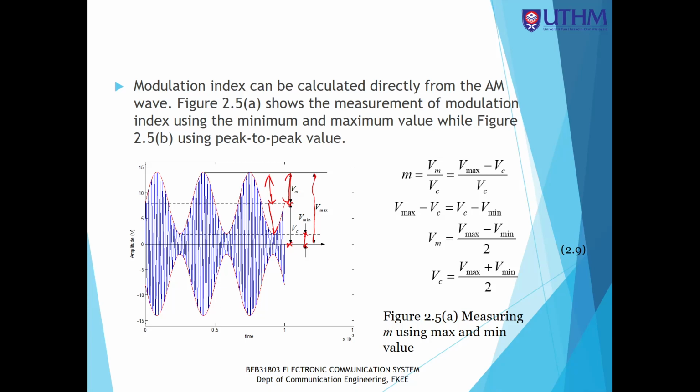So Vmax is actually equal to, if you see from this picture, Vc plus Vm. What about Vmin? Vmin, if you see from this picture, is actually equal to Vc minus Vm.